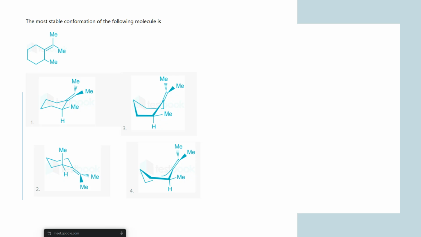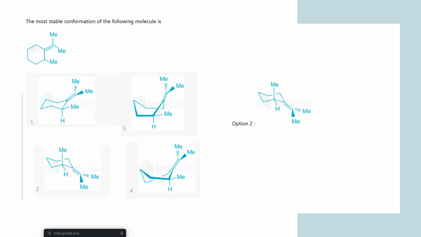So we can directly eliminate option 3 and option 4, because these two have boat and twist boat conformations, which are very unstable compared to chair conformations.